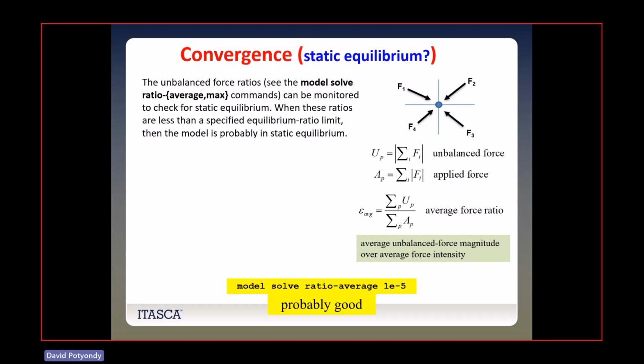On a typical modern computer you get 13 digits of precision, which means if you sum the forces to get the resulting force, which we'll call the unbalanced force, even if it really is balanced, it's never going to equal 0. It's going to equal some number on the order of e to the negative 13 or e to the negative 14.